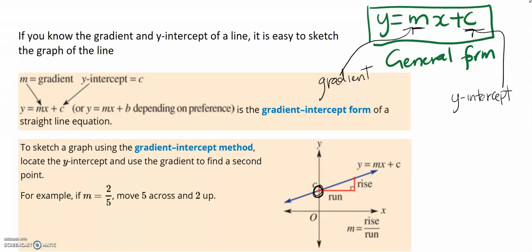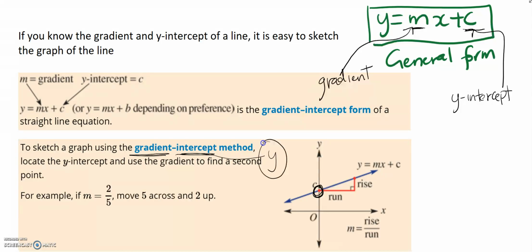To sketch a graph using the gradient-intercept method, you need two things. As the name says, you need to know the gradient, and you need to know the intercept, but for the intercept we're looking at the y-intercept only.